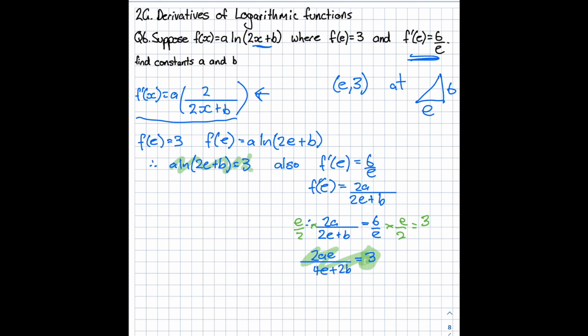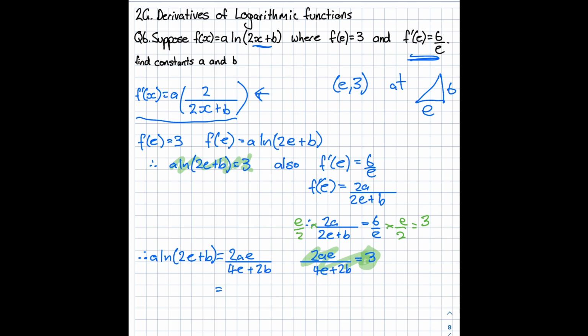So I can then go, therefore, I would usually work down, a ln 2e plus b equals, we don't want to bother with the 3 anymore, we're going to go equals 2ae all over 4e plus 2b.